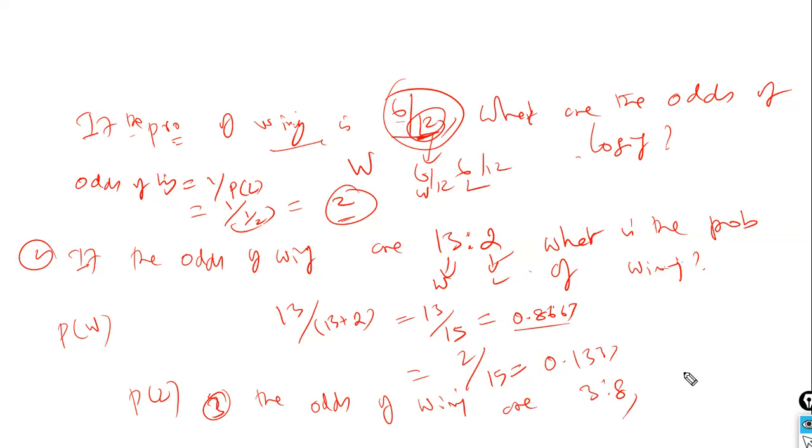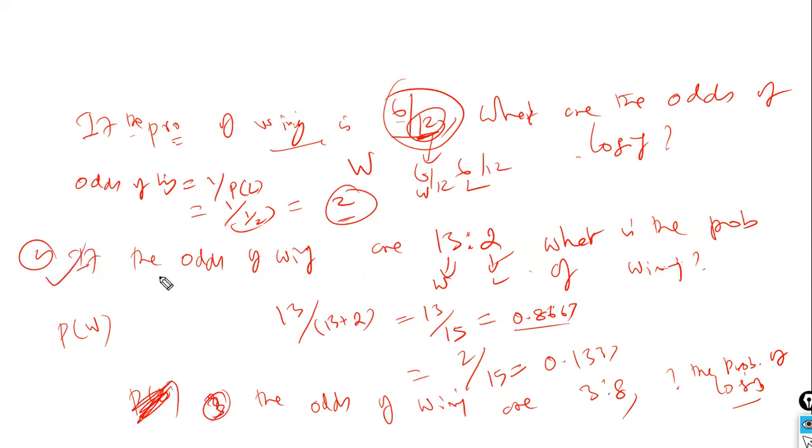What is the probability of losing? The odds of winning are 3:8. What is the probability of losing? How would you say this? We have already said this, right? You can relate it to this one. Let me see how many of you can answer this.